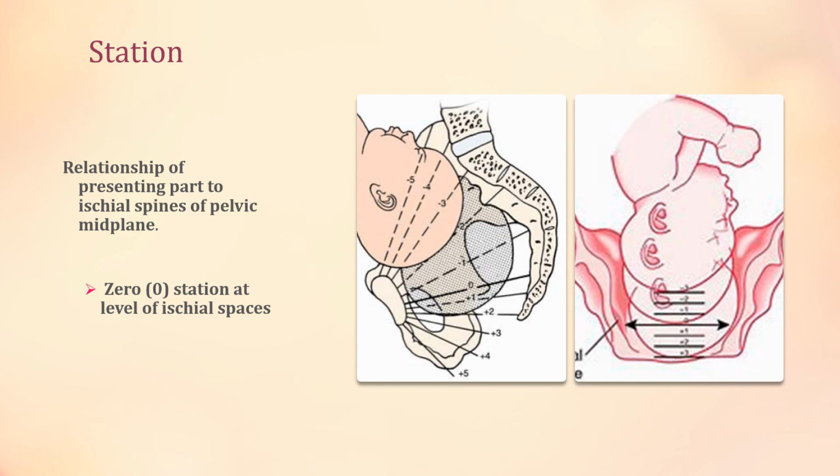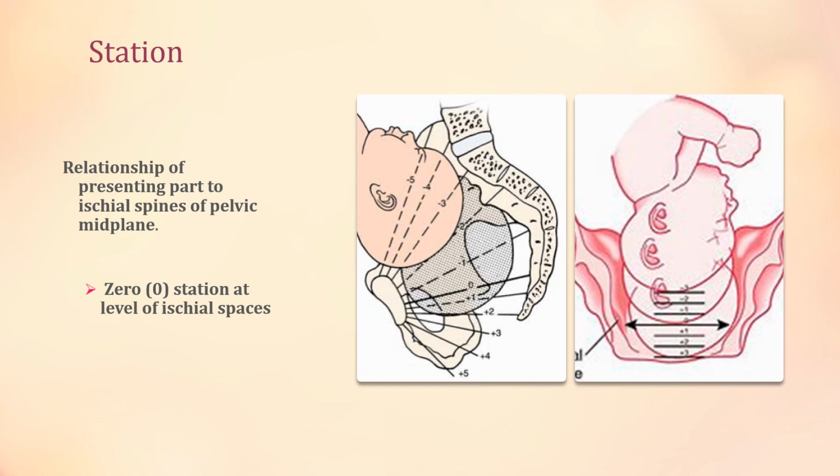But if you look at a model of a pelvis, the ischial spines kind of stick out. On the right picture you can see it a little bit better, but it's something that you can feel on an exam. It is a difficult part of the exam. It's difficult to detect these ischial spines sometimes. But once you've been doing labor and delivery long enough, you get a feel for where zero station is.